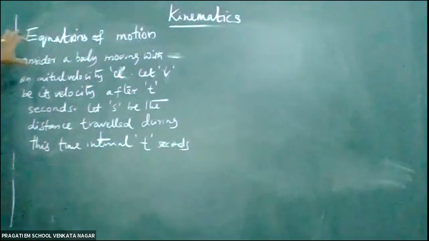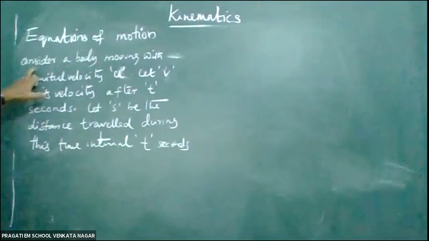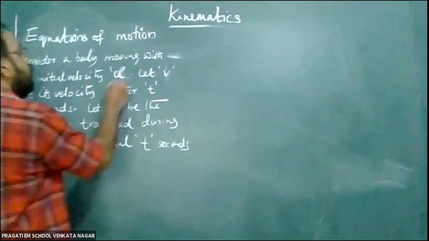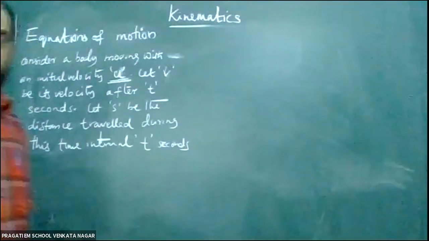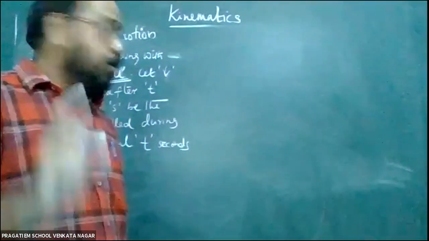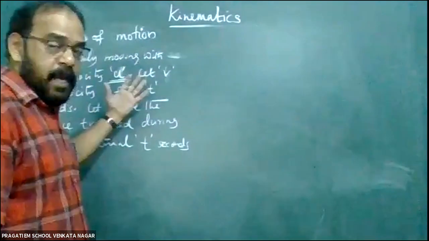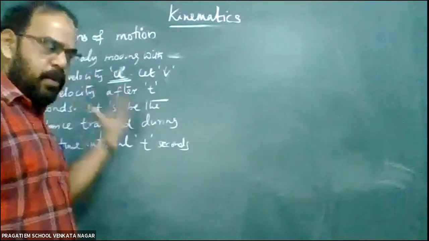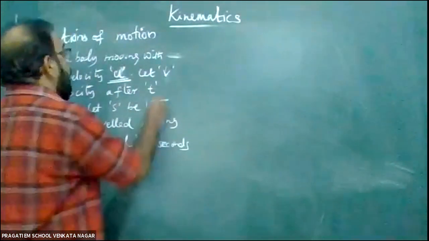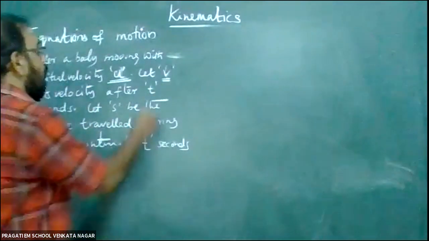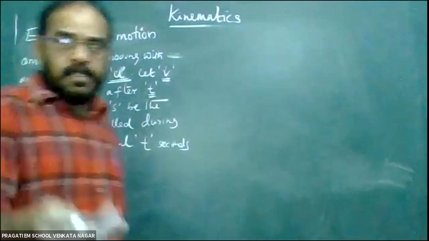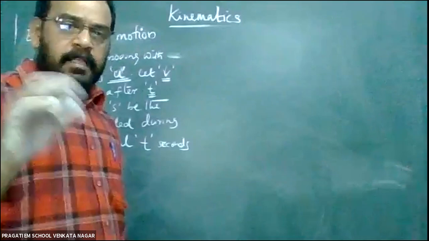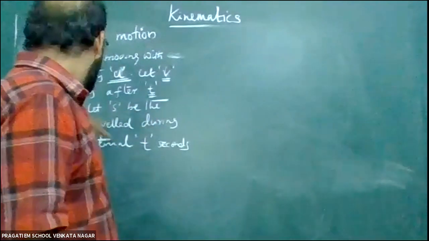If you can't read it properly, I will read it: consider a body moving with an initial velocity u. That means the initial velocity of the body is u. But after some time, because it is moving with a uniform acceleration a or uniform retardation, whatever it is, let v be its velocity after t seconds. After some time the velocity changes to v.